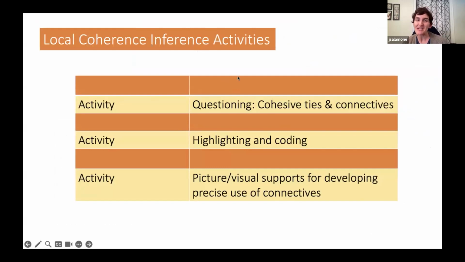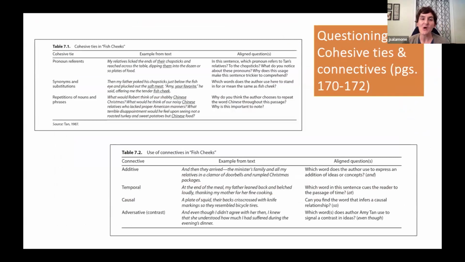All right, so we're going to talk a little bit about local coherence inference activities. We'll go through these, and then we'll shift over to global coherence. So questioning is incredibly powerful. Using it in combination with other strategies is incredibly effective. But I think really being mindful though.